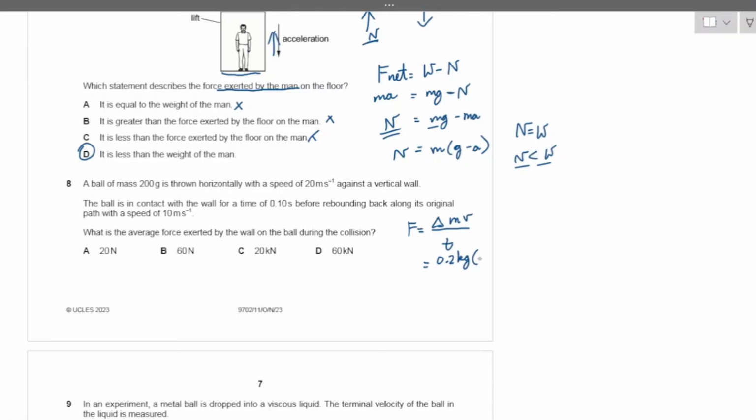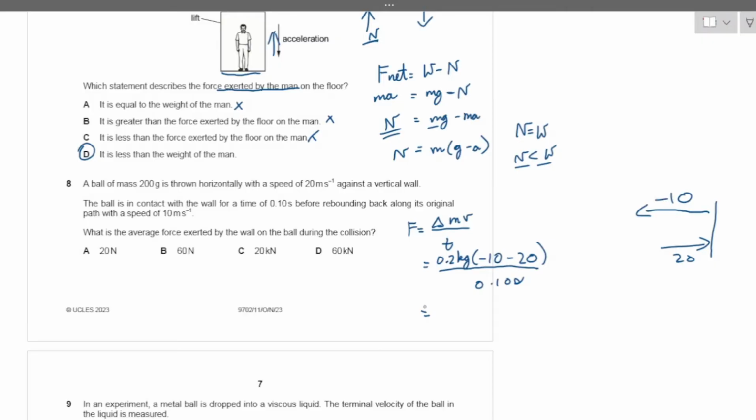So final over here would be minus 10. Very important, because the ball was going with 20 meters per second, but then the direction changed, and hence this should be minus 10 meters per second. Direction is very important. The final minus initial, minus 20 meters per second, over the time 0.10 seconds.